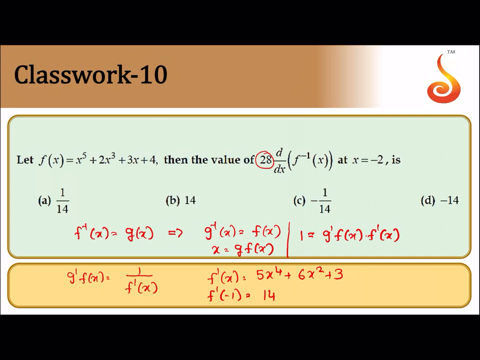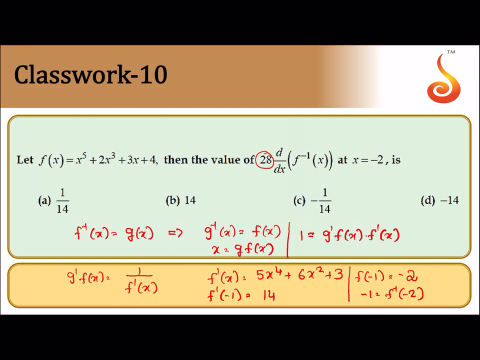Now there comes a very important point. If I write f dash x, what we get is 5x to the power 4 plus 6x square plus 3. So f dash minus 1 is equal to 14. Now why did we take this one?